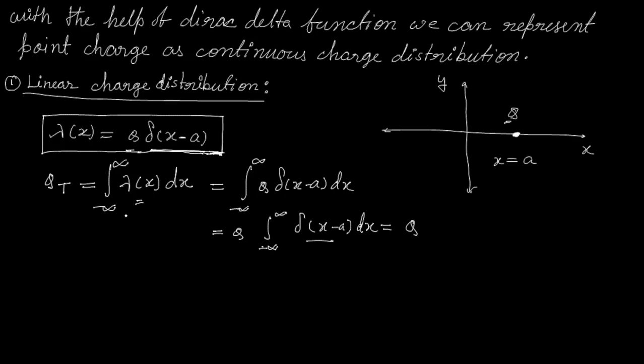So in this way, we can represent a point charge as a linear charge distribution. And also we can represent a point charge as a surface charge distribution. So right here, surface charge distribution.